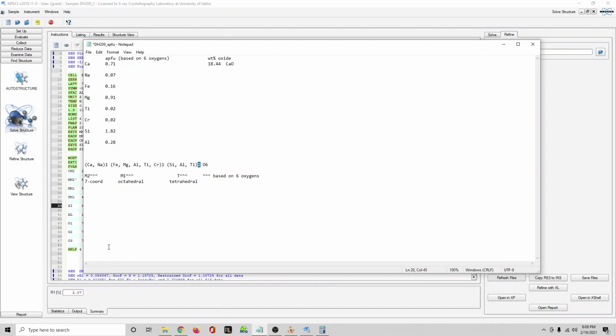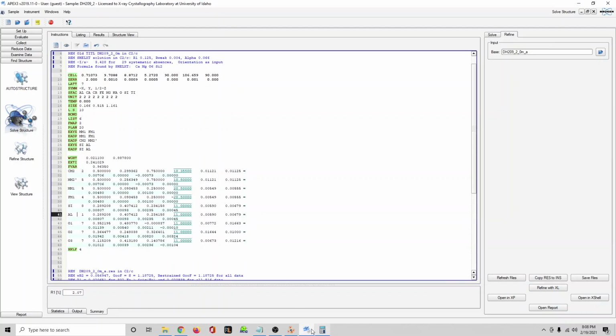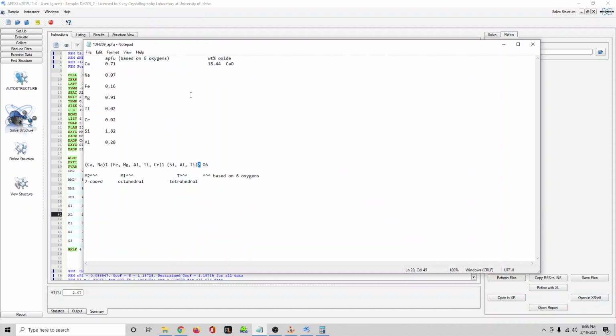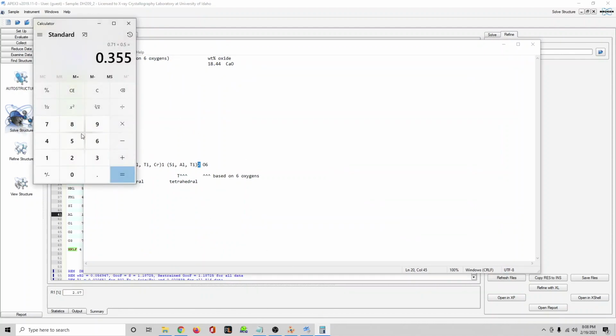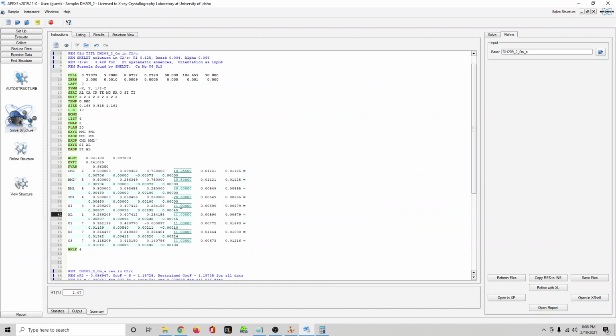So 1.8, what was it? 1.82. 1.82 divided by 2 equals that. So this would be 0.91. And aluminum, I will just fill the rest of the site up with the remainder there, which is 0.909, I mean.